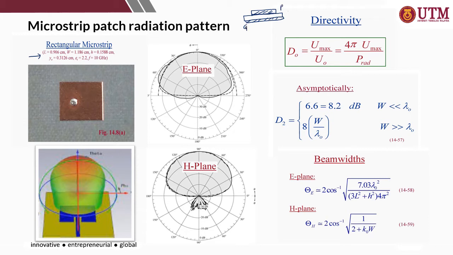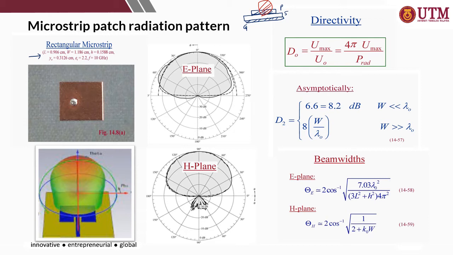Okay, this is the patch and this is the substrate. Since there's ground plane at the bottom, the field is blocked or will be reflected once it reaches the ground plane. So the antenna will radiate in that direction. It is a directive broad radiation pattern for microstrip patch antenna.